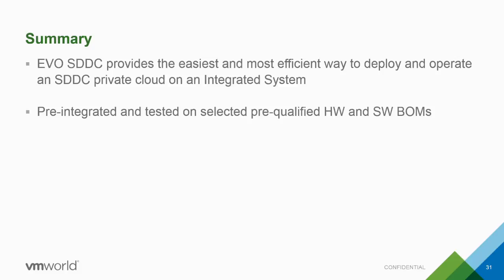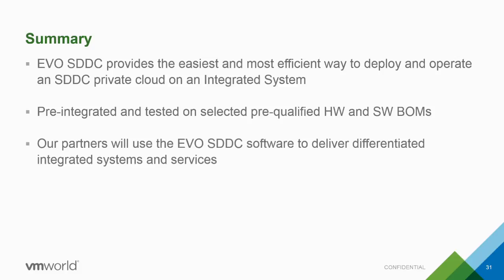These things are pre-integrated and pre-tested on selected pre-qualified hardware and software bill of materials, giving you some flexibility with respect to choosing the number of CPU cores, memory, storage, across multiple vendors, but these are pre-qualified and pre-tested.